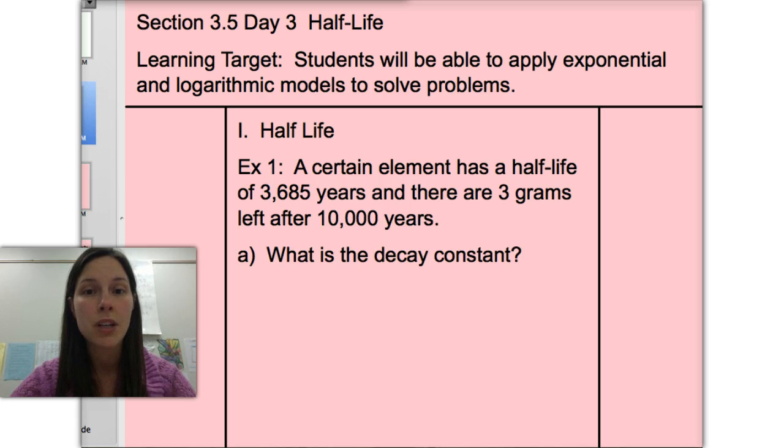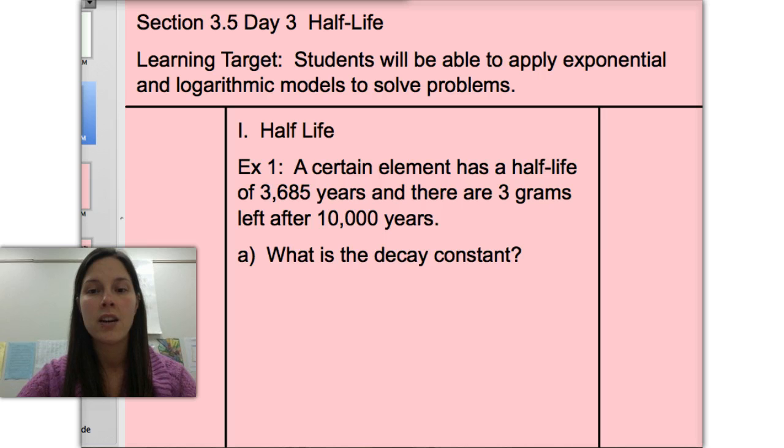Remember, this is an exponential function decaying at a half rate. It is not talking about the quantity that decays at any given time. We're talking about the ratio to the amount that we started with. That's the half-life. So, first of all, we are asked for the decay constant.